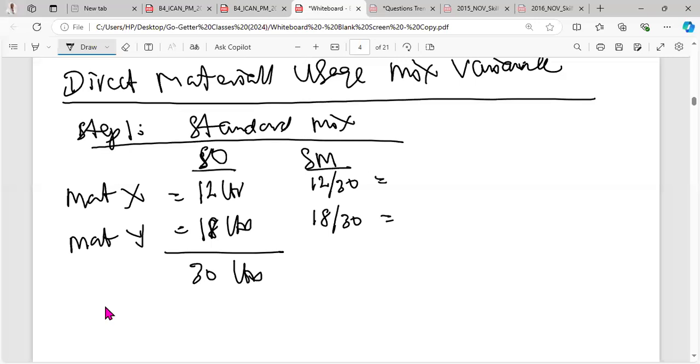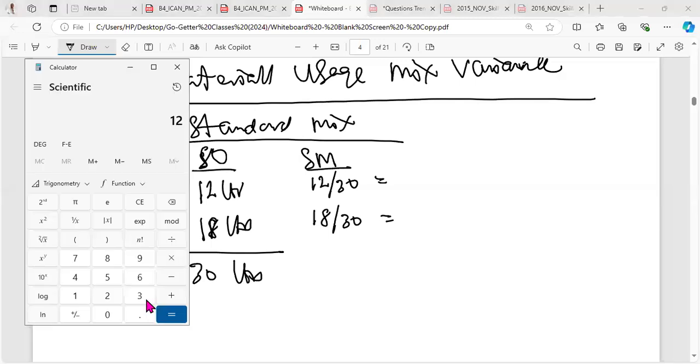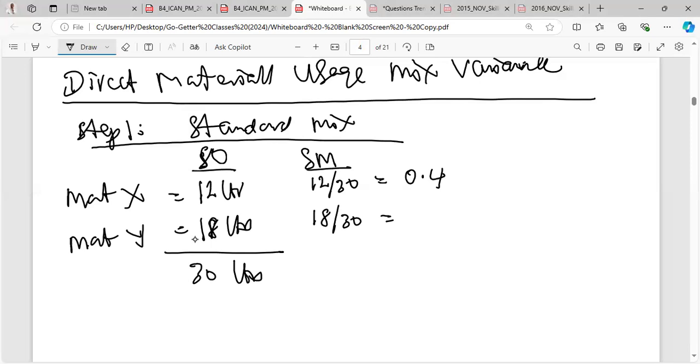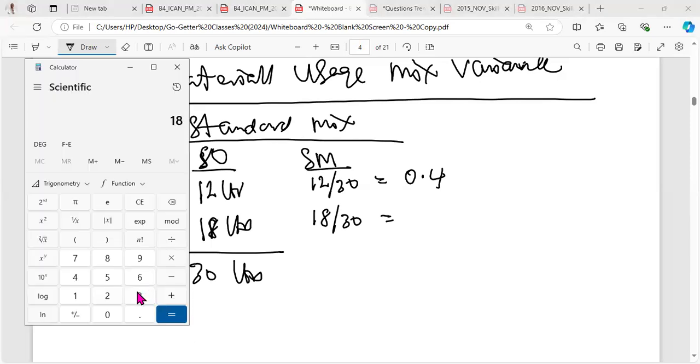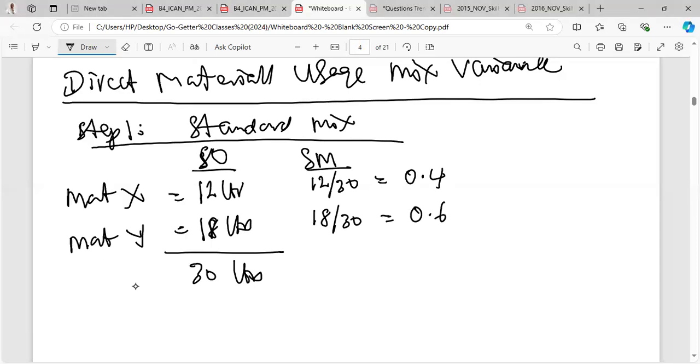So let's say 12 divided by 30, that gives me 0.4 or 40%. This is 0.4. So that means 18 over 30 should give me 0.6. So everything should give you 1. That is the essence here, step 1.